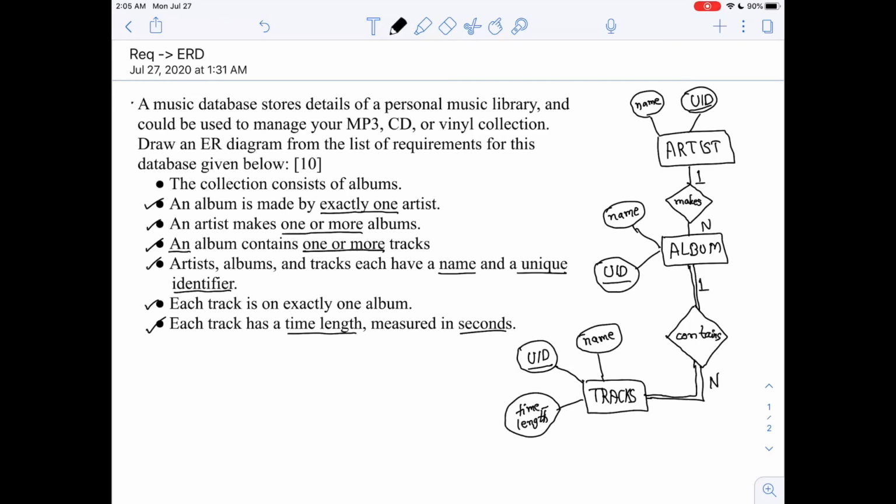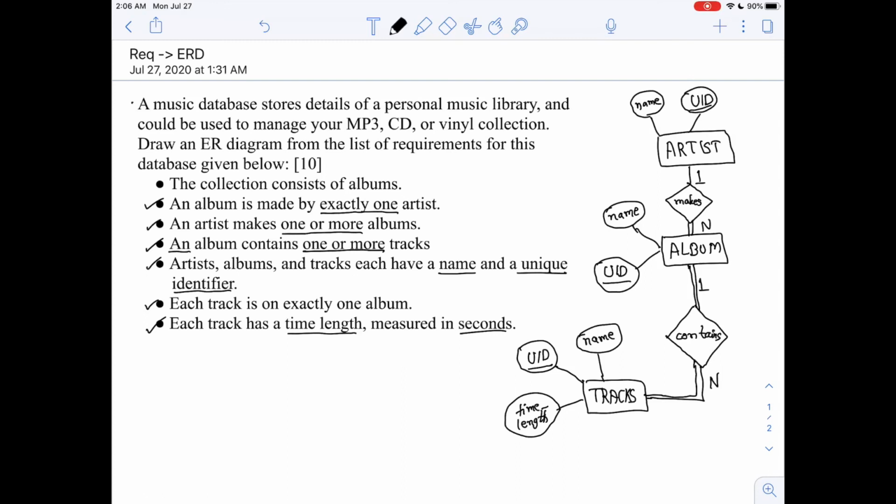Okay, so again we use a single line to denote that a participation is optional, and a double line to denote that it is mandatory. Okay, so now let's look between artist and album. So again, can you have an album that has no artist? Is there any album that has no artist? Well, again the answer is no. So album cannot exist on its own, it must have a corresponding artist.